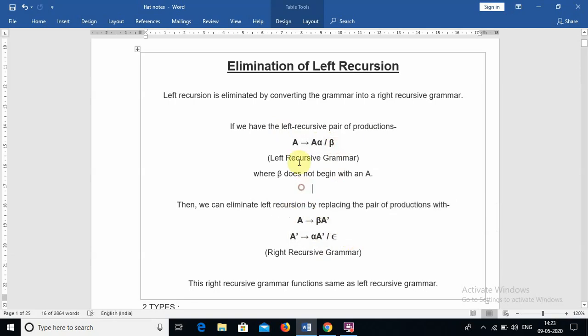One is A to beta A1, where we define A1 as a new non-terminal. A1 is nothing but, from the first part of the production rule, alpha, after that we can add A1, and after that we can add slash epsilon. So this left recursion in one production rule can be removed by using two production rules, by adding a new non-terminal A1.